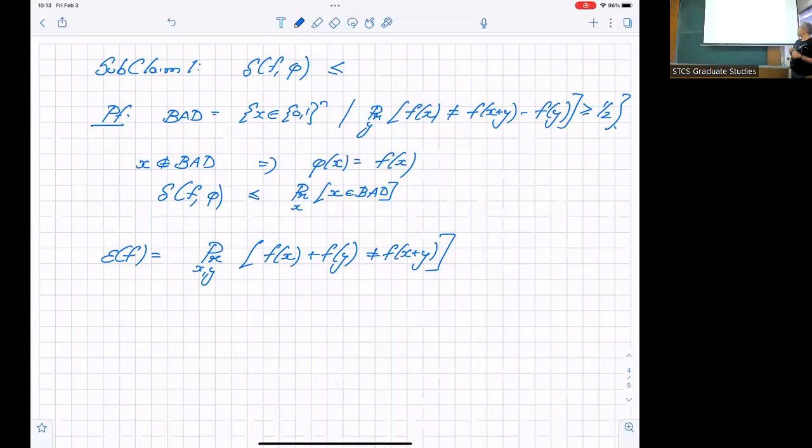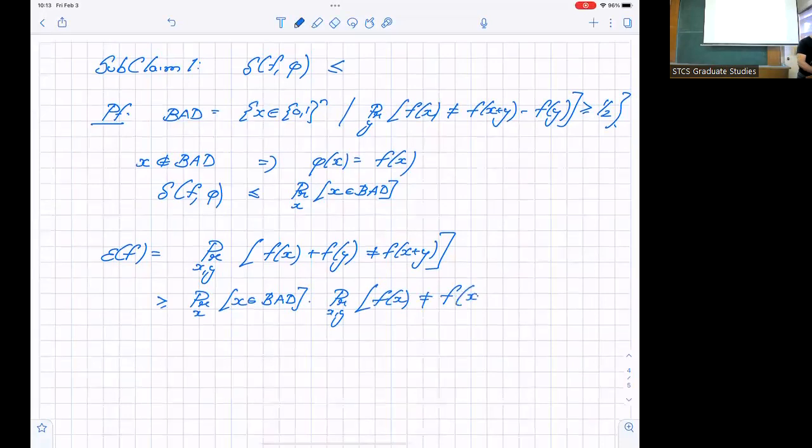Okay, is this fine? So this I can lower bound by first the probability that x is in bad, times the probability over x, y that f of x is not equal to f of x plus y minus f of y, conditioned on x in bad.